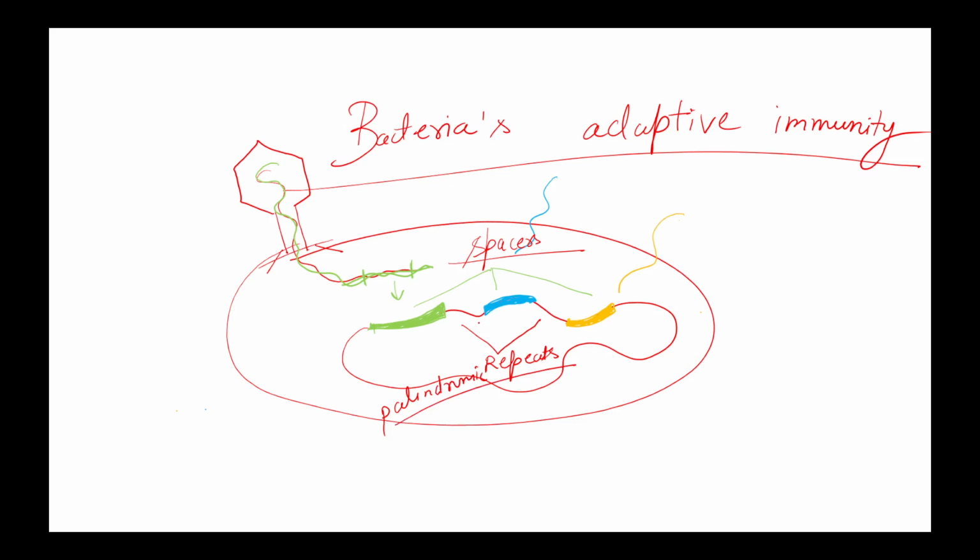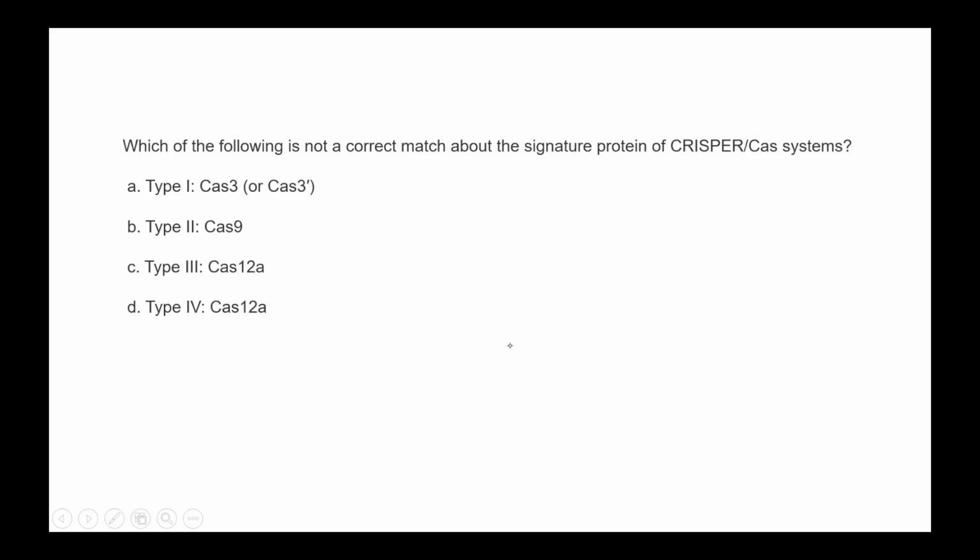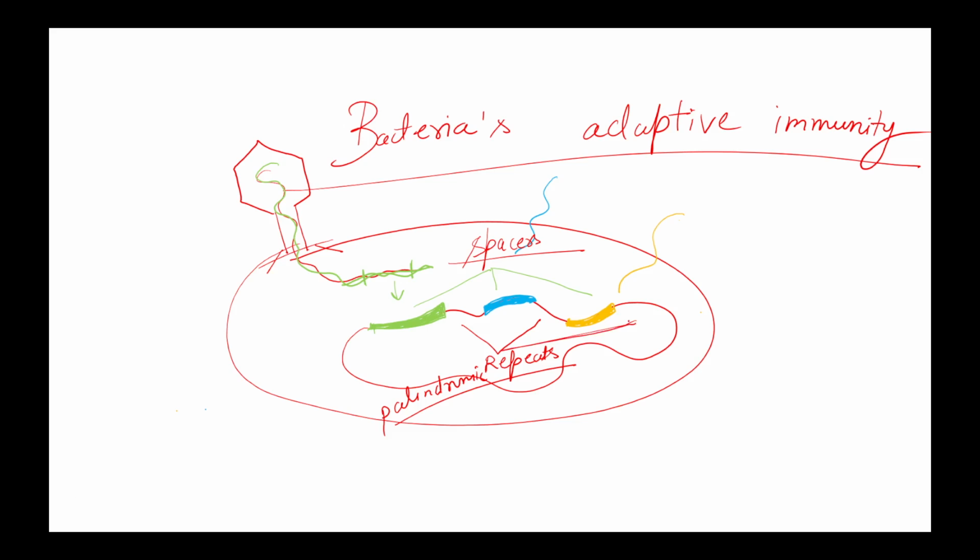Several palindromic repeats are found in the bacterial genome, and these repeats are separated by sequences of certain lengths, which are referred to as spacers, because they provide space between each palindromic sequence.